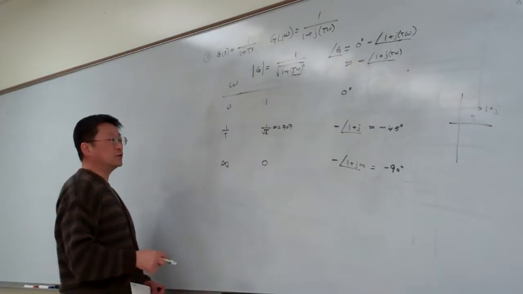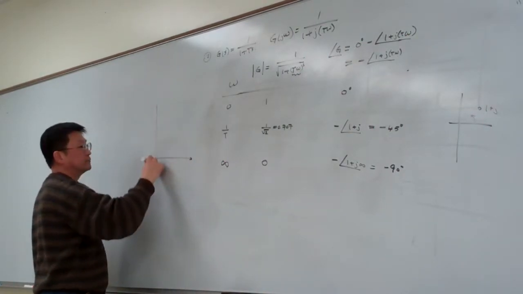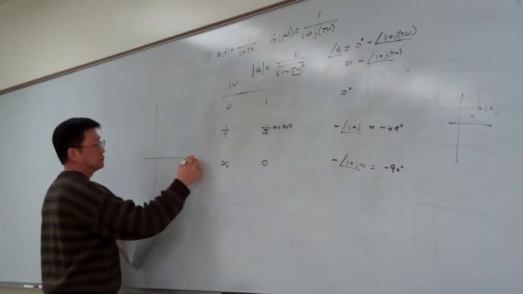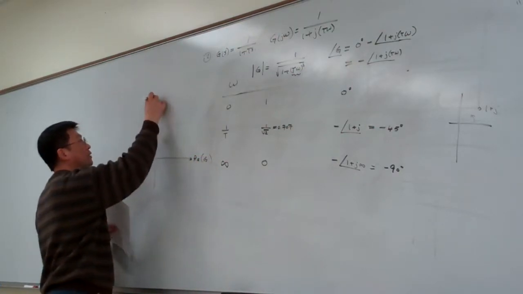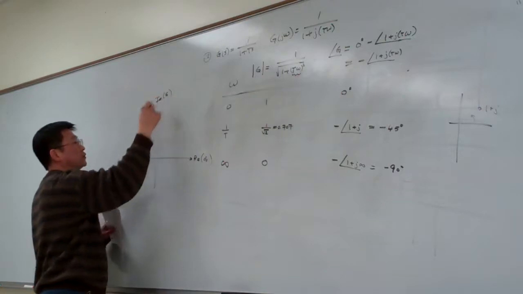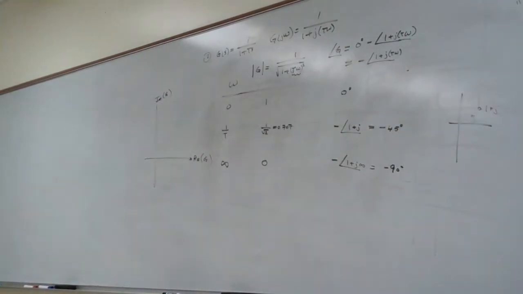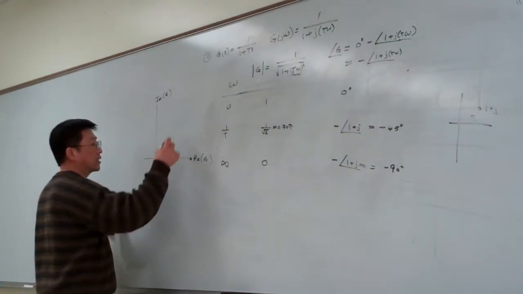So now with this one, we can try to see in the complex plane. The real part of the G(jω) and imaginary part of the G(jω). Then the plot is this. So say from the beginning, let me scale.